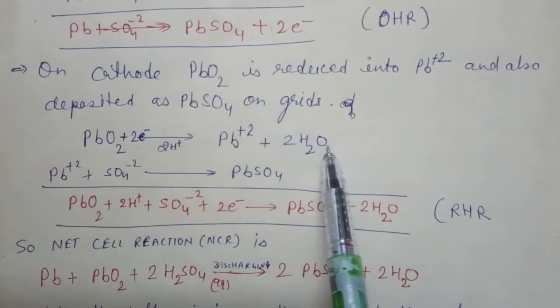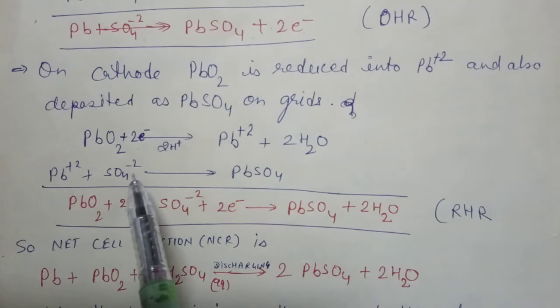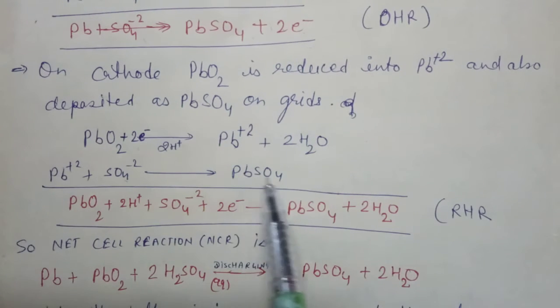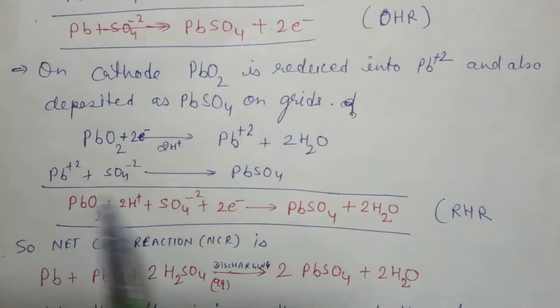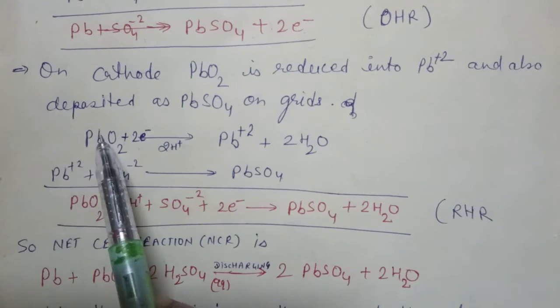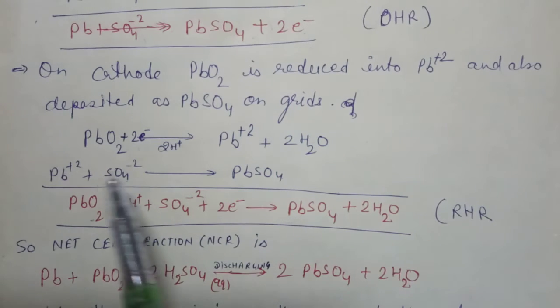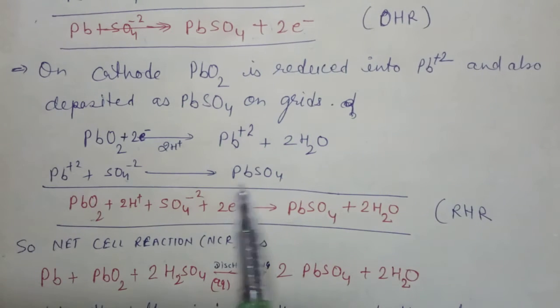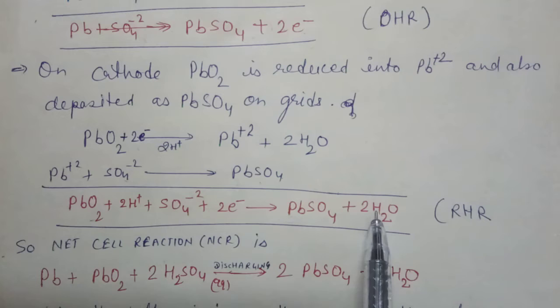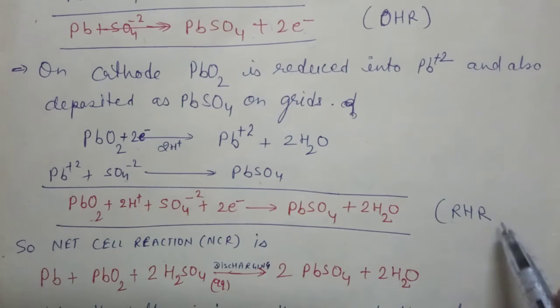Pb plus 2 and 2H2O are formed. These Pb plus 2 ions also combine with sulfate ions to make PbSO4. So the total reaction on the cathode is PbO2 plus 2H plus plus 2 electrons plus SO4 minus 2 ions is equal to PbSO4 plus 2H2O. This is the reduction half reaction.